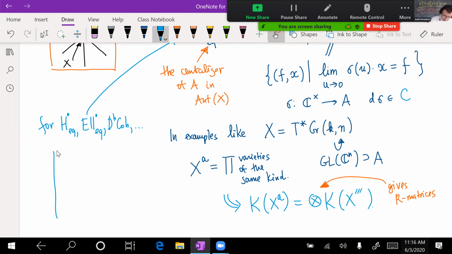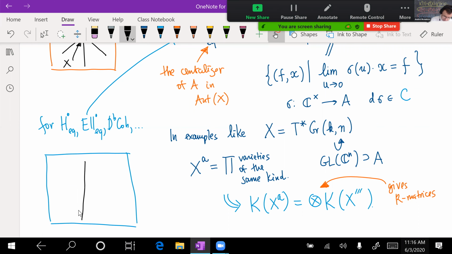And so then what is Yang-Baxter supposed to do? The Yang-Baxter follows from the property that we want, namely that if I have my x with fixed locus with respect to the whole torus, and I have a fixed locus with respect to a subtorus, and then I have all of x, then I would like these maps to commute.